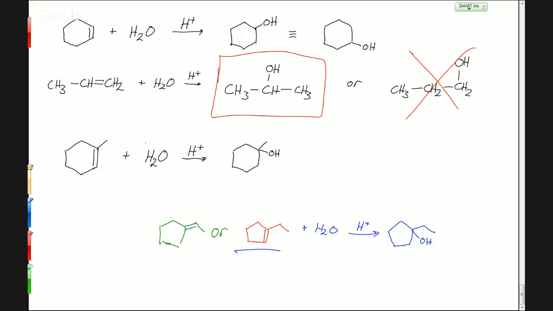If water were to add to this double bond, you'd have an H over here and the OH here, which would be the same product. Those are the only two reactions of alkenes that we're going to look at. So make sure you get some practice with those from the book, and we'll have a quiz next week that will have some of this stuff on there.